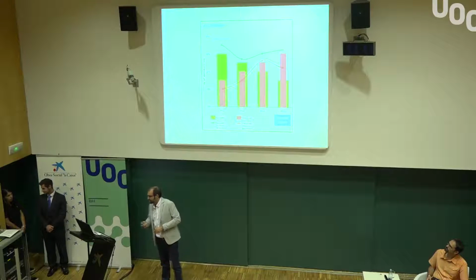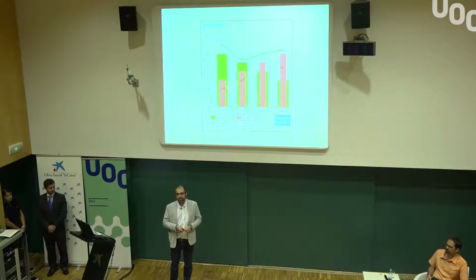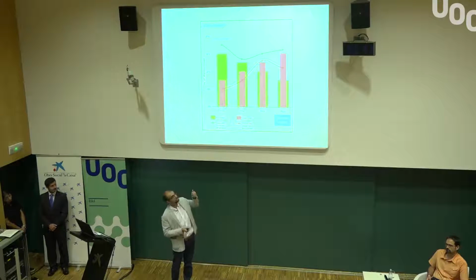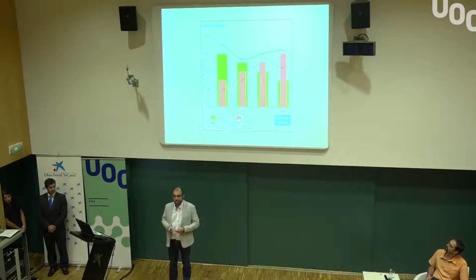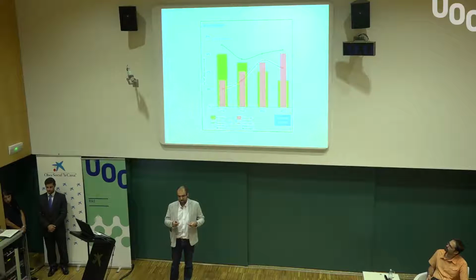Then we have the abandonment tracking information, and this is interesting because this dashboard distinguishes between recoverable students and non-recoverable students. Recoverable students are in green color. These are the students that didn't submit an activity, but they are still connecting. So maybe we could help them, and prevent them from dropping out.